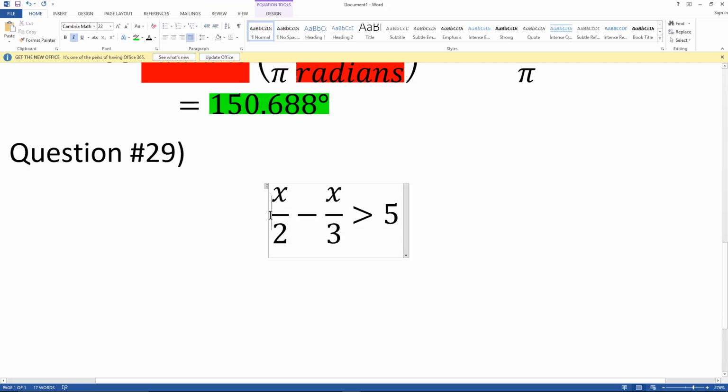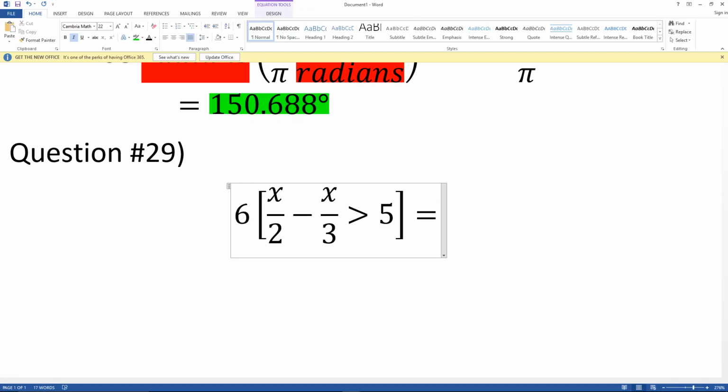So I'm going to multiply that entire thing by 6. So what am I left with? Six goes into 2 how many times? Or 2 goes into 6 how many times?